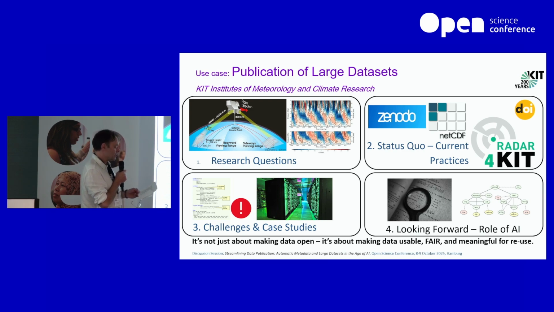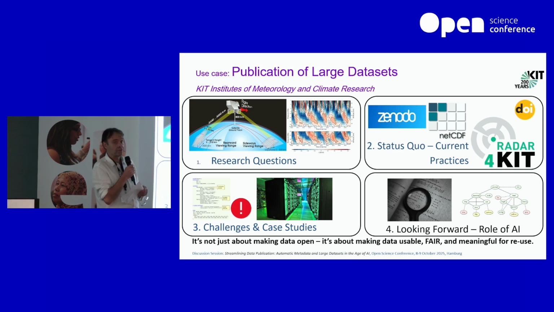How we deal with the data at the moment. So we use our repository at the KIT. We use radar that we've already heard about today, but also Zenodo, because radar is not good for some things. We publish the data mostly using NetCDF.